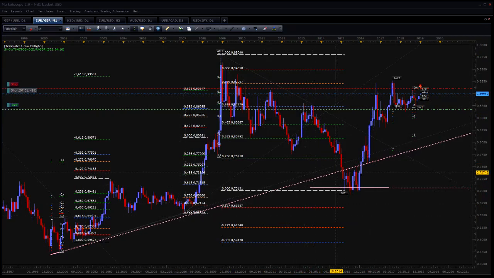Because it hasn't formed a lower low than past lows here and here and here, I'm keeping my uptrend lines as active, or one of them. The rest of them are past, so I could have deleted them, but for analytical purposes, I'm leaving them.